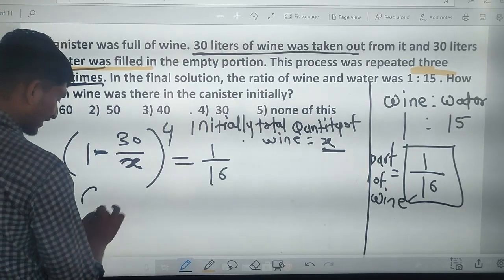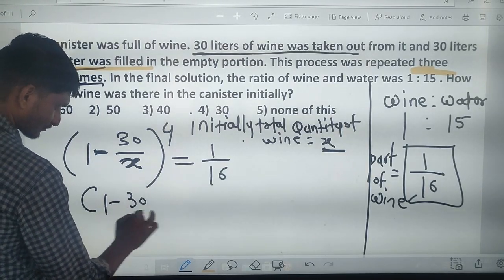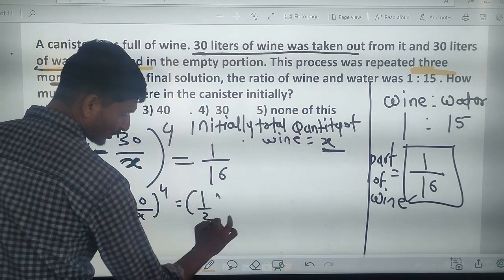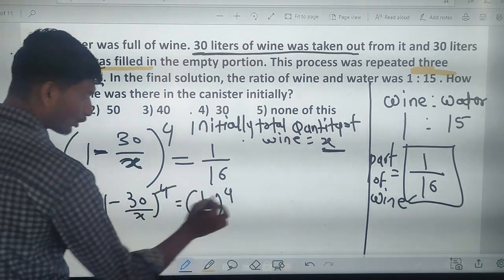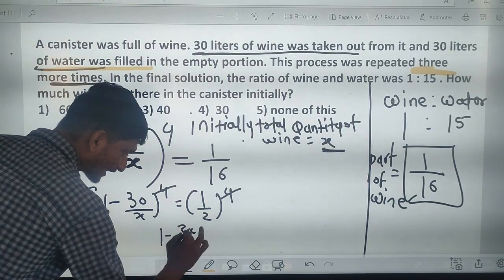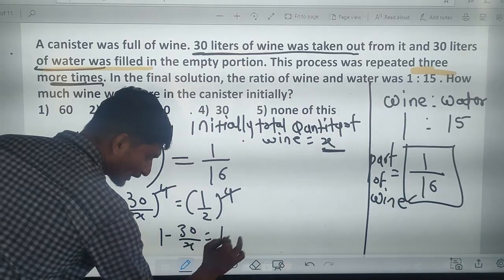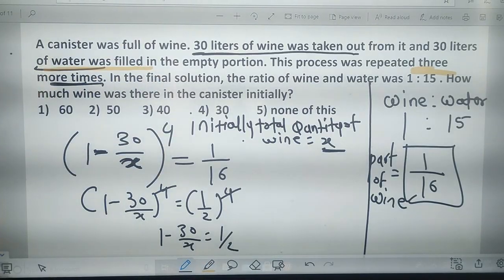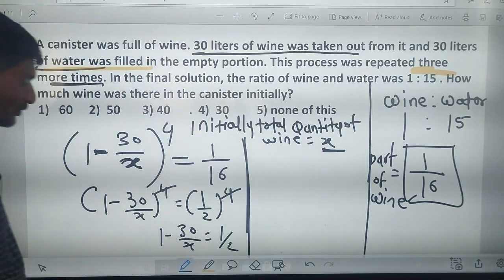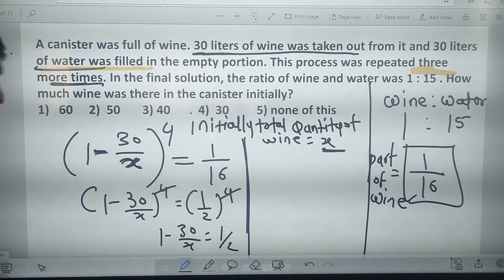Now we write here (1 minus 30/x) raised to 4 is equal to (1/2) raised to 4. Then the 4 gets cancelled. Here we write 1 minus 30 divided by x is equal to 1/2.